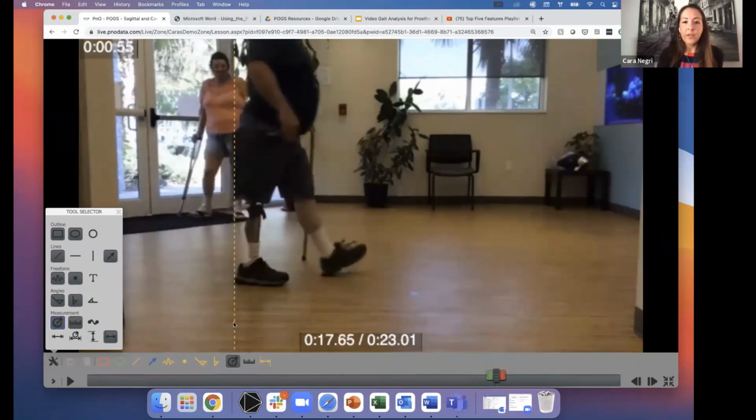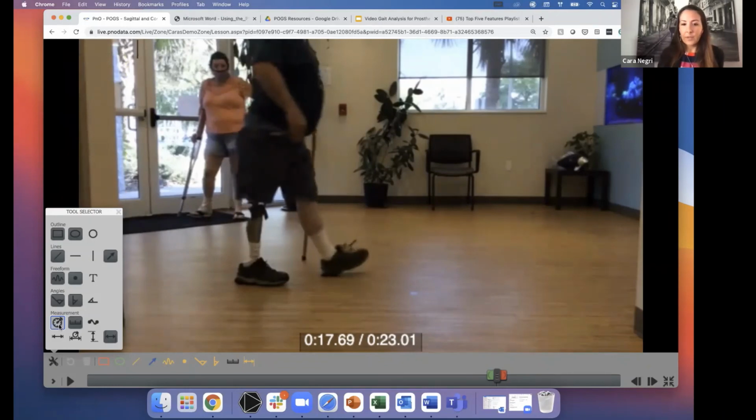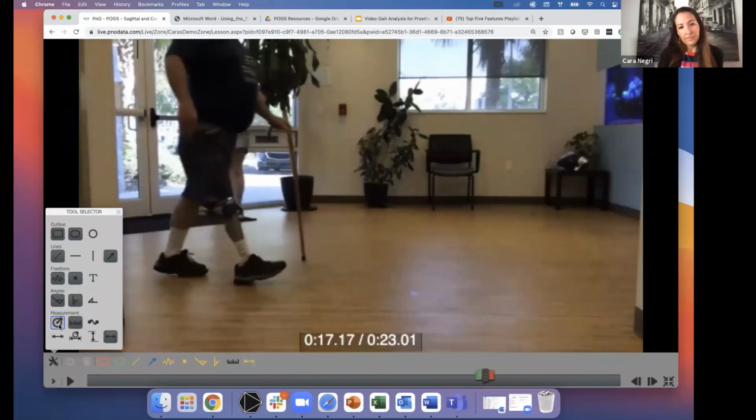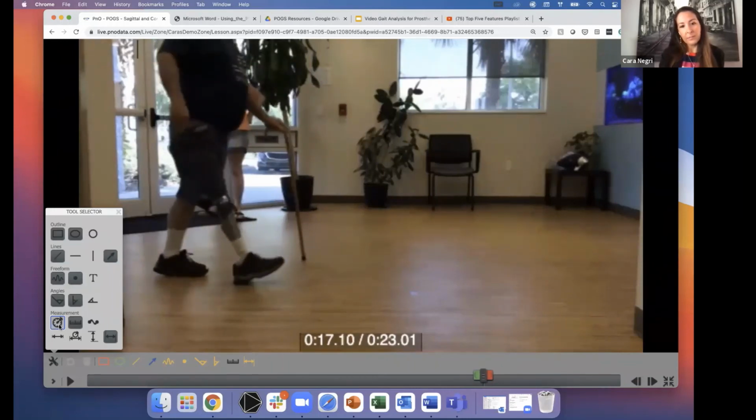We can just look at his single stance time on his prosthetic side was 55 seconds. And then we'll start that over. That wasn't all single stance, by the way, sorry about that.